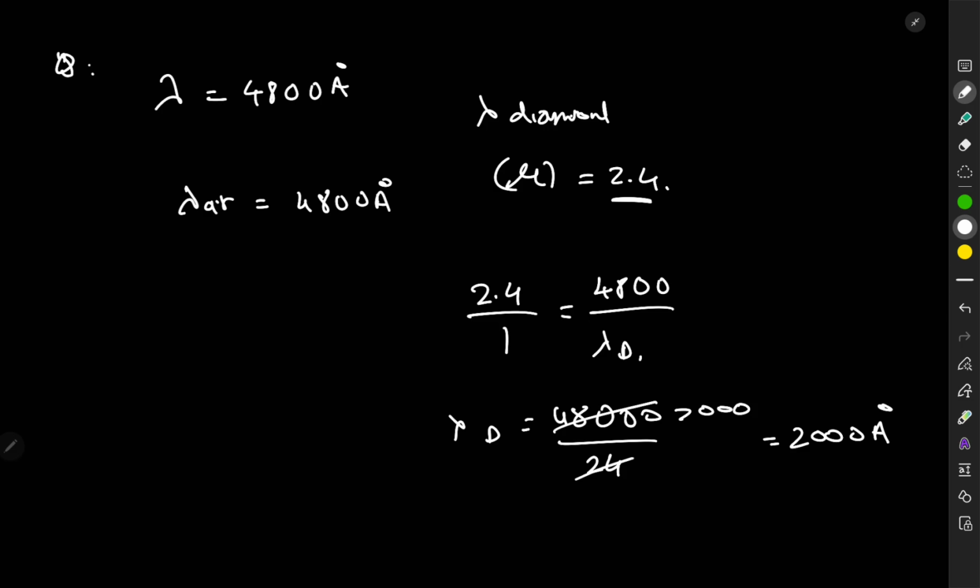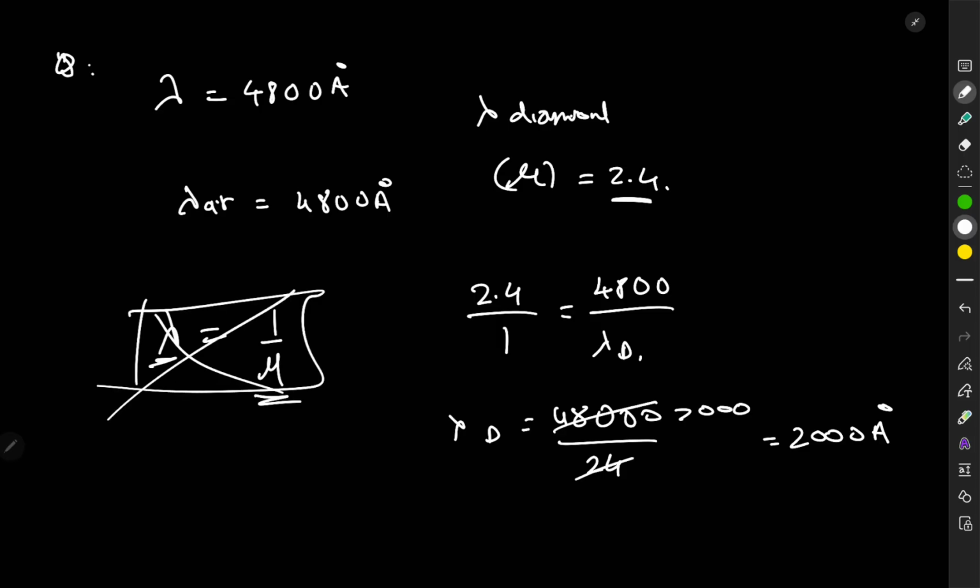See, whenever there is a ratio like this, if you wanted to calculate the ratio, you can use this thing, which is inversely proportional concept. Lambda is inversely proportional to mu, right? So you can use this concept. But if you have this and if you want to apply and get the answer, this formula won't work. Okay, only for ratio calculation you can use this concept. Understood? Clear? Moving further.